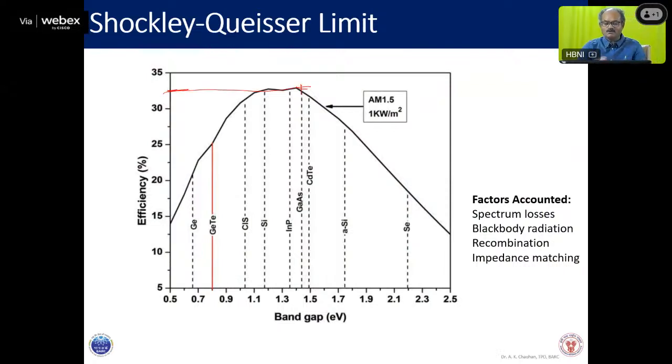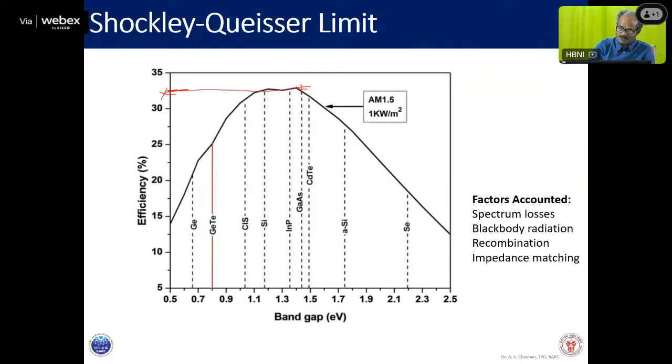So you cannot have efficiency for gallium arsenide solar cells which is more than this. This is the theoretically possible maximum efficiency for the gallium arsenide solar cell.